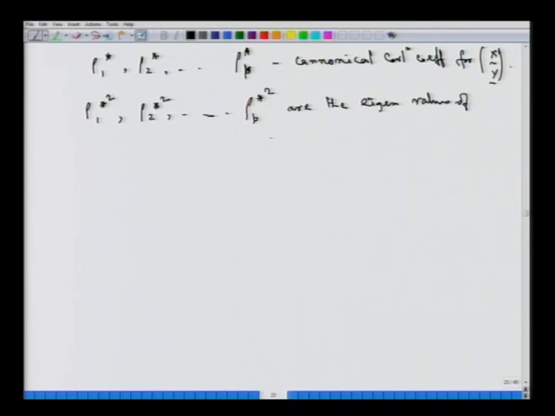of the matrix that we had defined earlier, which was sigma 1 1 to the power minus half, sigma 1 2, sigma 2 2 to the power minus half, sigma 2 1, sigma 1 1 to the power minus half.